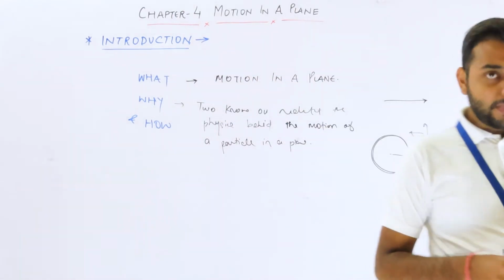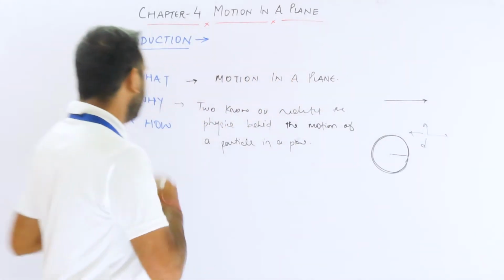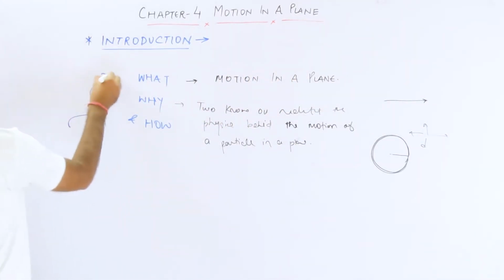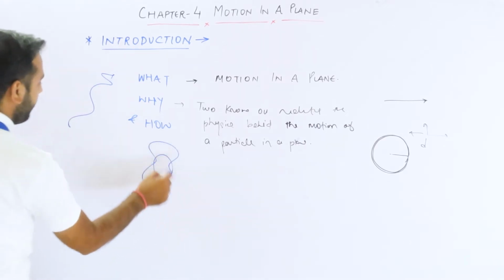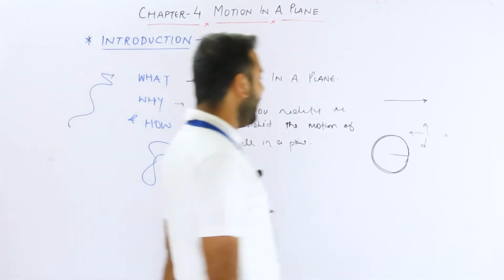But in a plane means that particles are allowed to move anywhere like that. This is also an example of motion in a plane, isn't it? Because the particle is moving in this plane, not in a particular direction. This is also motion of a particle in a plane.